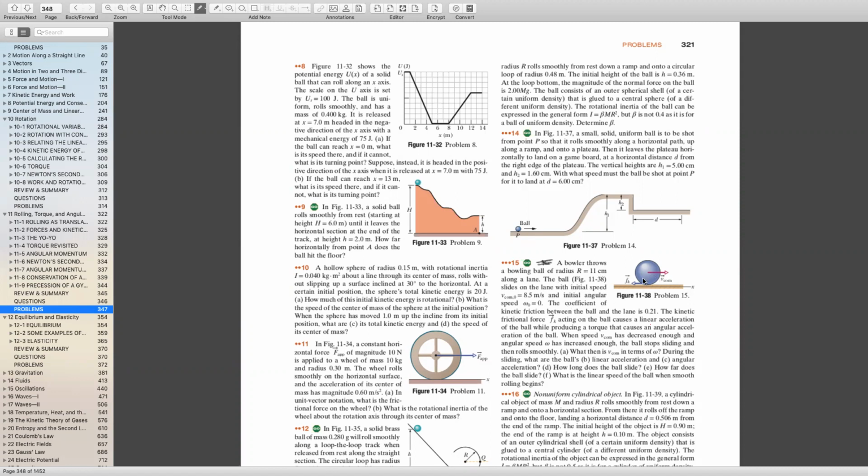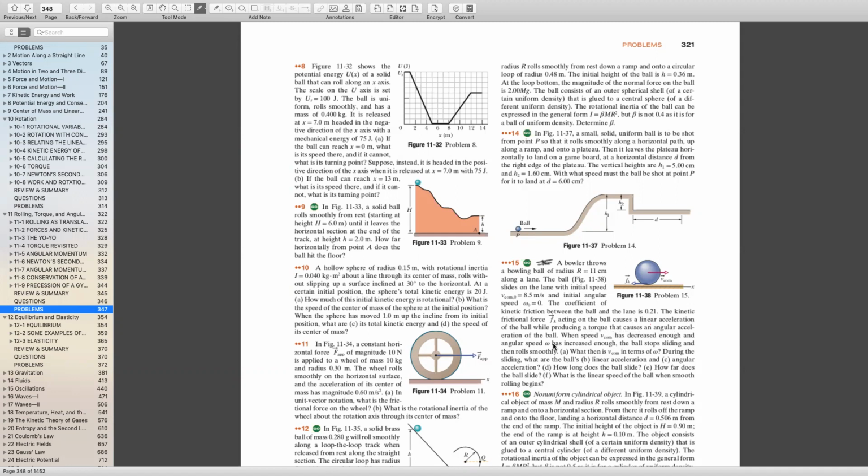R is 11 centimeters, and the ball is sliding along the lane with an initial linear speed of 8.5. Initial angular speed is 0, so it's not rotating. The coefficient of kinetic friction between ball and lane is 0.2. The kinetic friction force acts on the ball, causing linear acceleration while producing torque that causes angular acceleration.